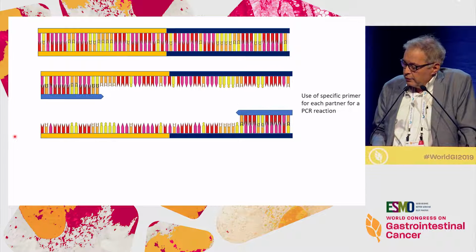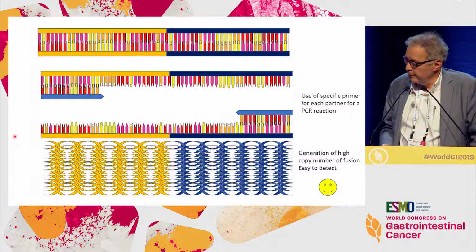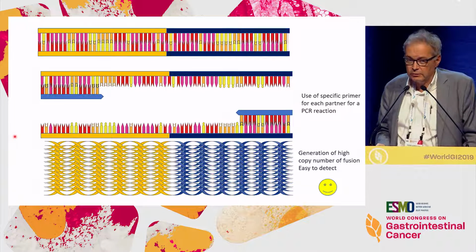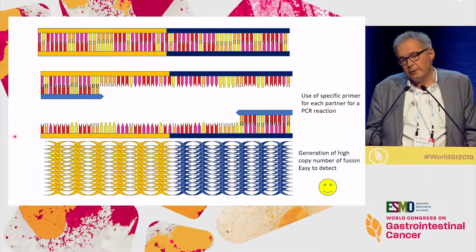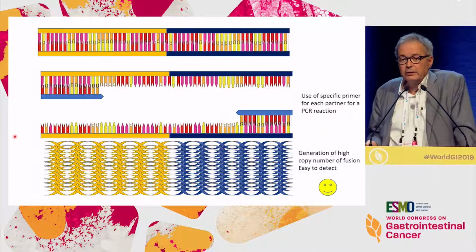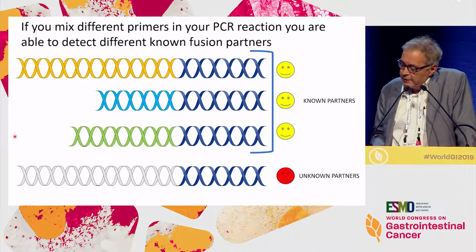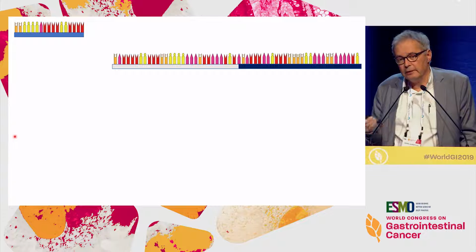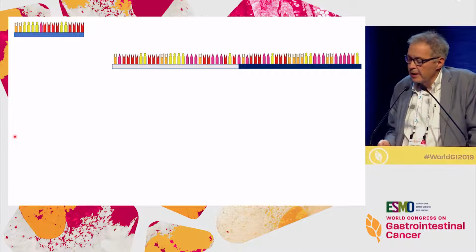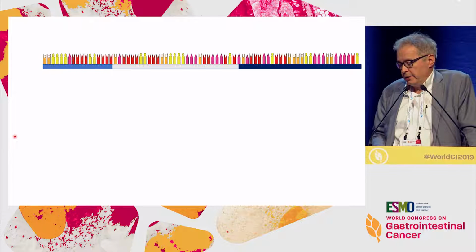And you can amplify these genes, and since you create a high copy number of the fusion, it is easy to detect by next-generation sequencing, for example. But with that, you are not able to detect the unknown partners of your favorite gene. So there is a trick to do that. You create a chimeric gene by adding a universal primer oligonucleotide to your unknown genes.